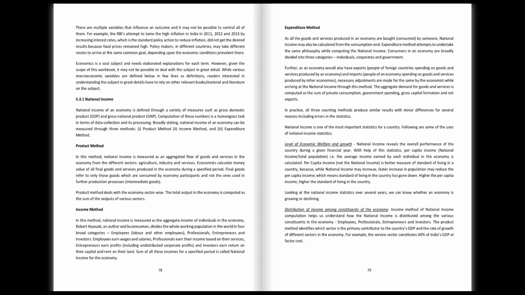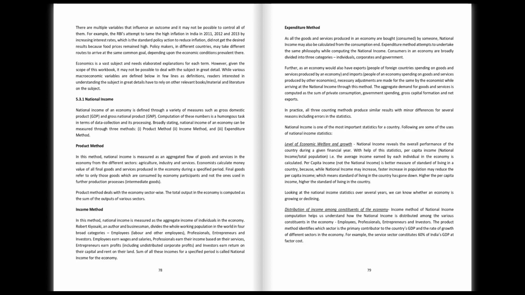Per capita income, not the national income, is a better measure of standard of living in a country because, while national income may increase, a faster increase in population may reduce the per capita income, which means the standard of living in the country has gone down. The higher the per capita income, the higher the standard of living in the country. Looking at the national income statistics over several years, we can know whether an economy is growing or declining.